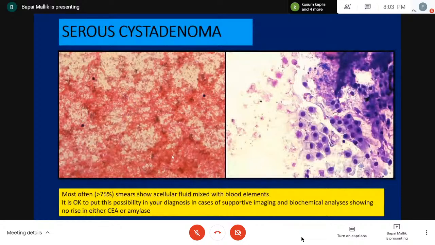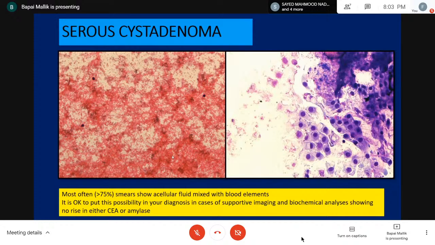Next in line, serous cystadenomas. So to the left, you're going to see a picture which actually shows nothing because it's just blood mixed with some fluid, mixed with a few cells lying here, inflammatory cells, lymphocytes lying here and there. I have put that there just to tell you that this is what you see most often.